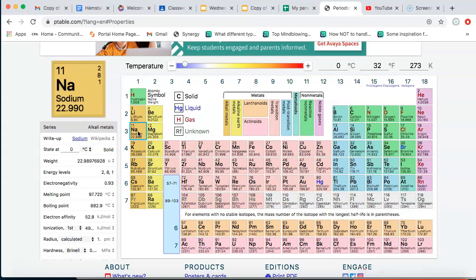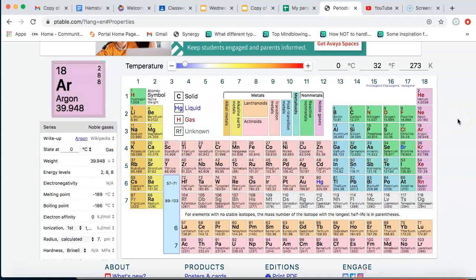Good, it gets bigger. And what about as we go across the periodic table? As we're going from left to right, does the atomic number get bigger or smaller? Yeah, it increases by 1. Each time we go from one box to the next, the atomic number is increasing by 1.